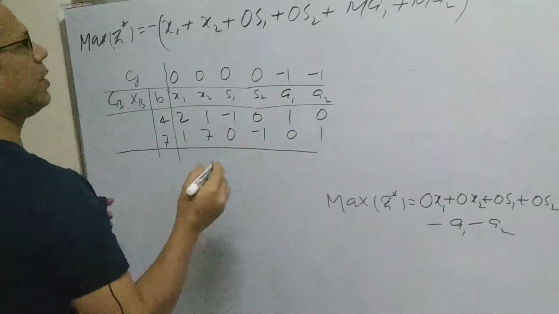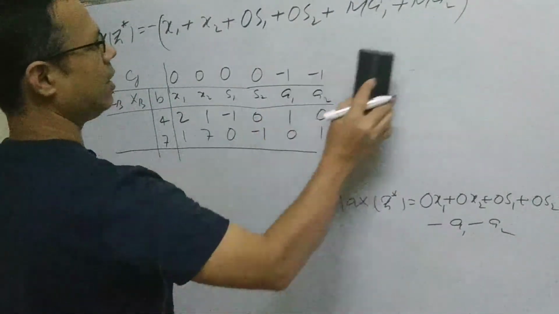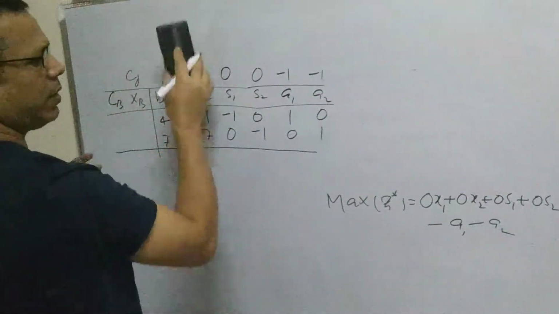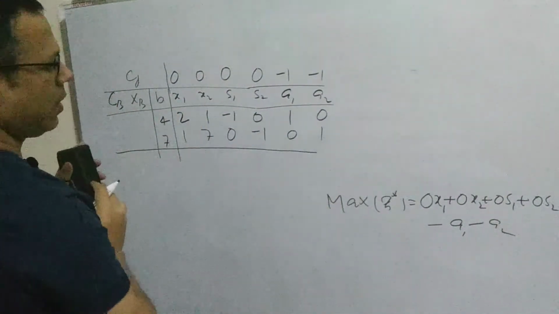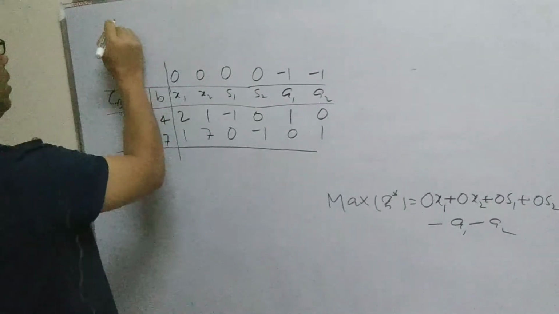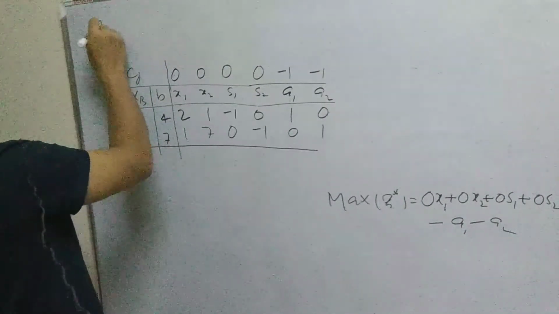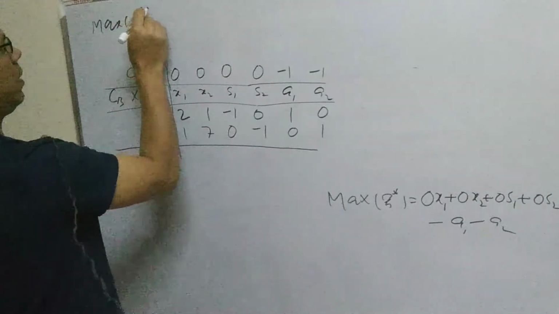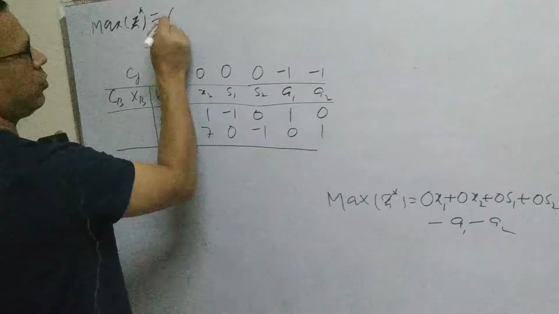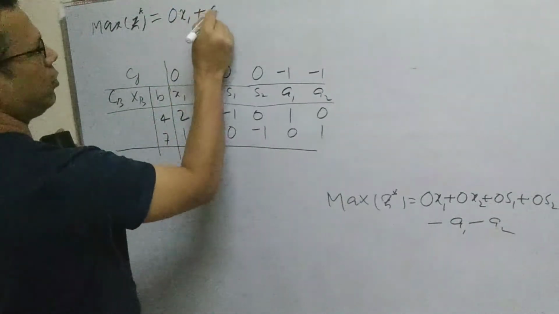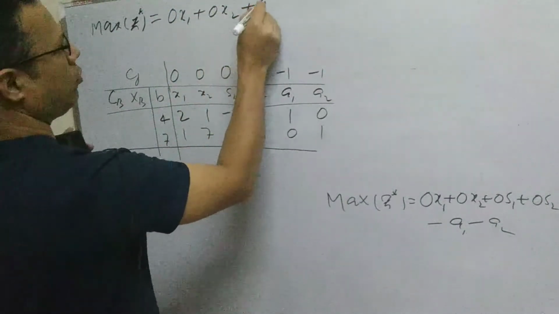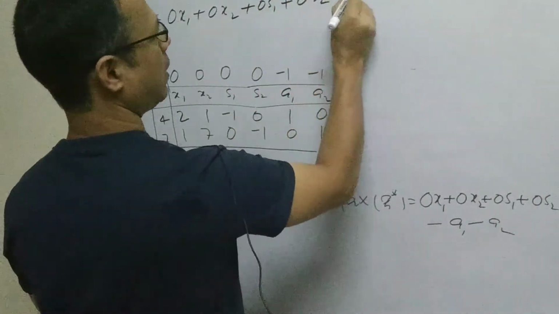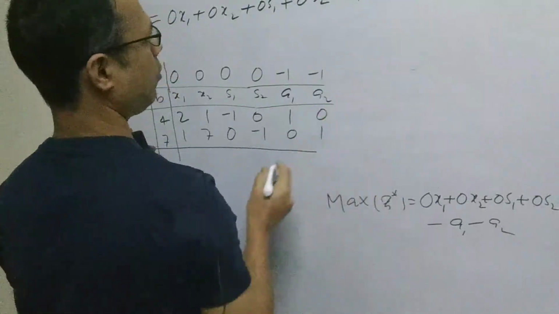So the phase 1 objective function is: max z star is equal to 0x1 plus 0x2 plus 0s1 plus 0s2 minus a1 minus a2.